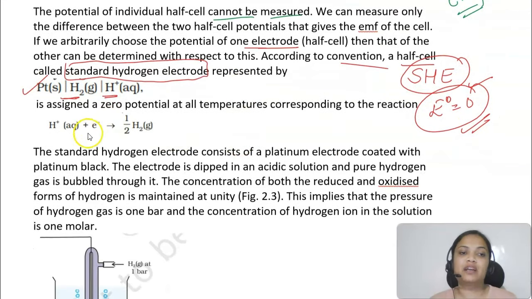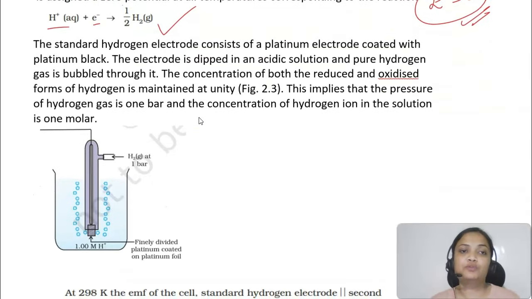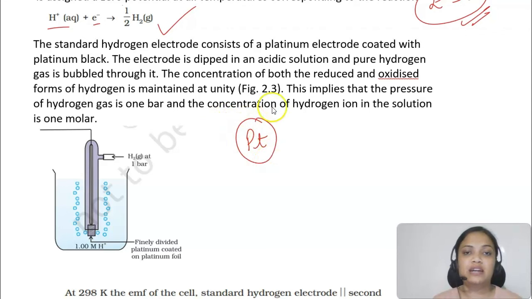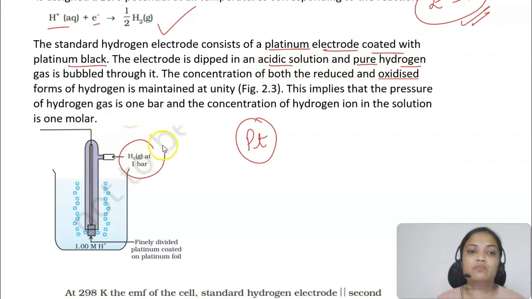So what is the reaction happening? The H plus ions are gaining an electron and converting into hydrogen gas. Now what is this SHE? Let me show you. See, we have written platinum. It is actually a platinum electrode which is coated with platinum black. This electrode is dipped in acidic solution and pure hydrogen gas is bubbled through it at 1 bar pressure.